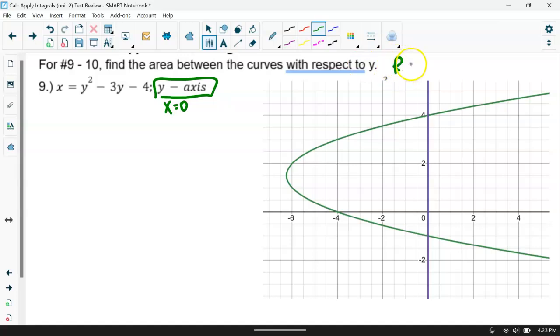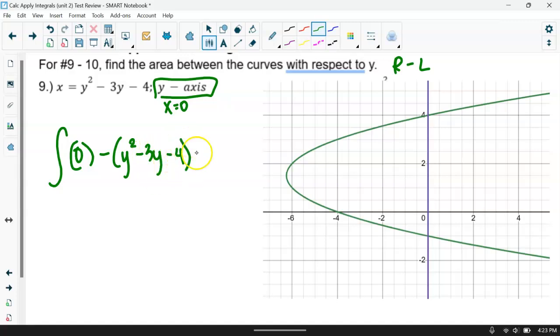So now this is right minus left. Notice how our y-axis is what's on the right, and here our function, the y squared, is what's on the left. So here, we're going to set up 0 minus y squared minus 3y minus 4.